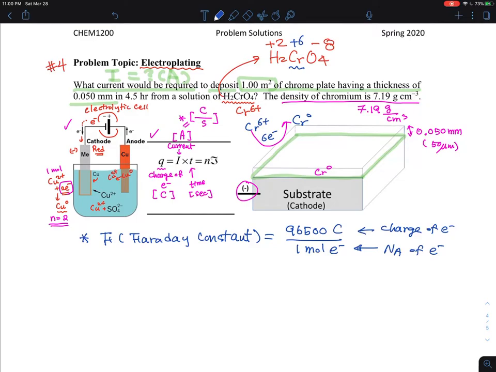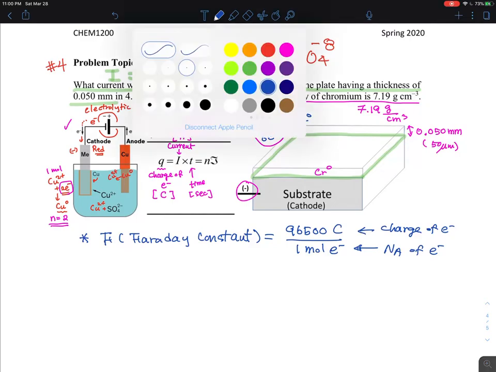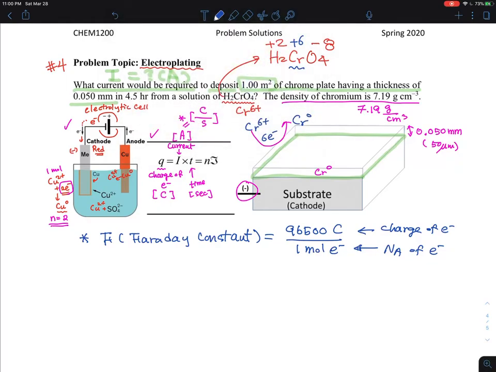So what is being asked in the question now? I want to deposit, and they say this many hours are being used, that is 4.6 hours, times 3600 seconds, right?